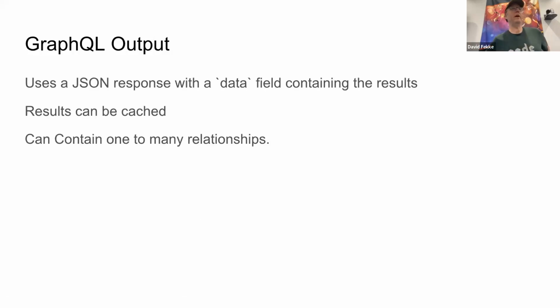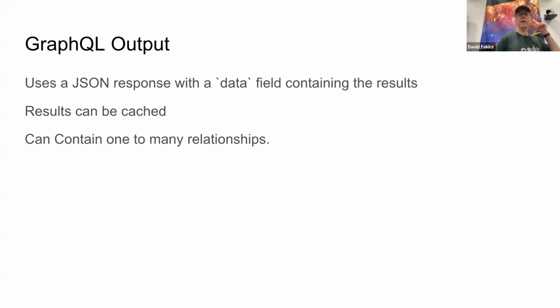So the output actually comes out in the form of JSON, and in your output there's a field called data, and the data is what contains the JSON response. Those results can be cached. There's a lot of flexibility in how you can work with the cache.